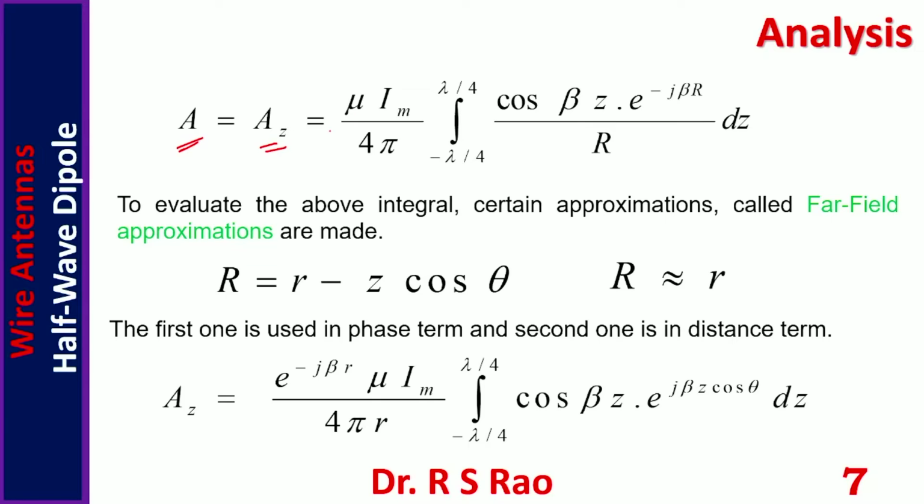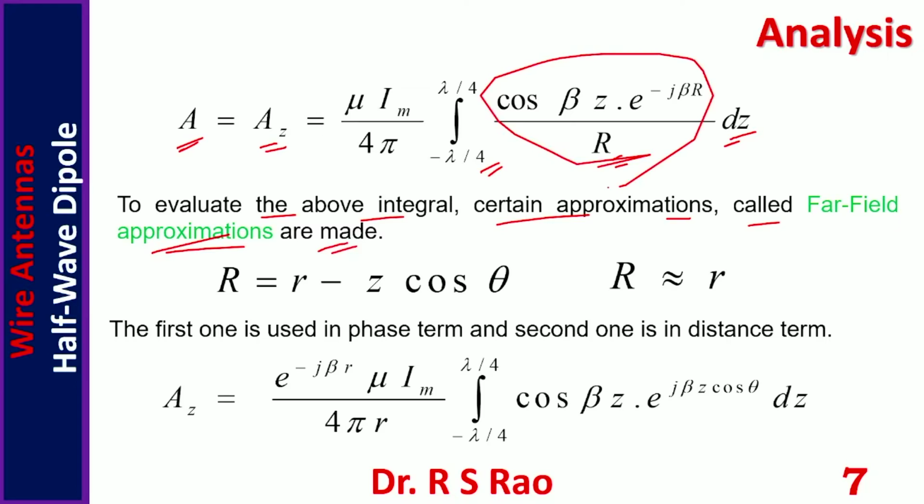Az is equal to mu Im by 4 pi integral from minus lambda by 4 to plus lambda by 4 of cos beta z e power minus j beta R over capital R dz. See, this is the expression for vector potential. Here integration is there. To evaluate the above integral, certain approximations called far field approximations are made. Otherwise, it is difficult to evaluate this particular integral.